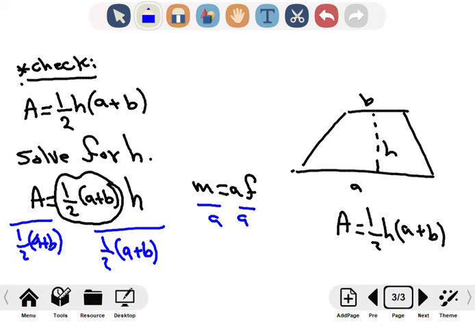For example, if you have M equals K L P and I want L alone, I will divide by KP. Here, forget that I put the H here. I want to get rid of half and A plus B, so I will divide both sides.